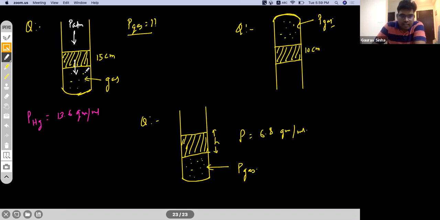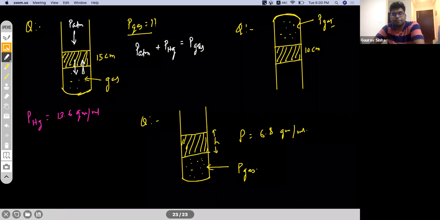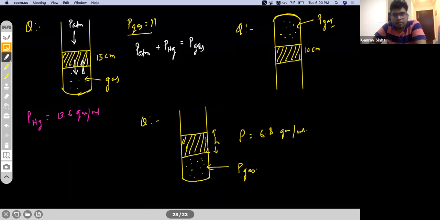And the pressure of gas is in upward direction, right? So if you balance this, what can you write? PATM in downward direction, pressure of Hg in downward direction equals the pressure of gas in upward direction. Any problem in this? Tell me. Any doubt, any problem? Please go ahead.